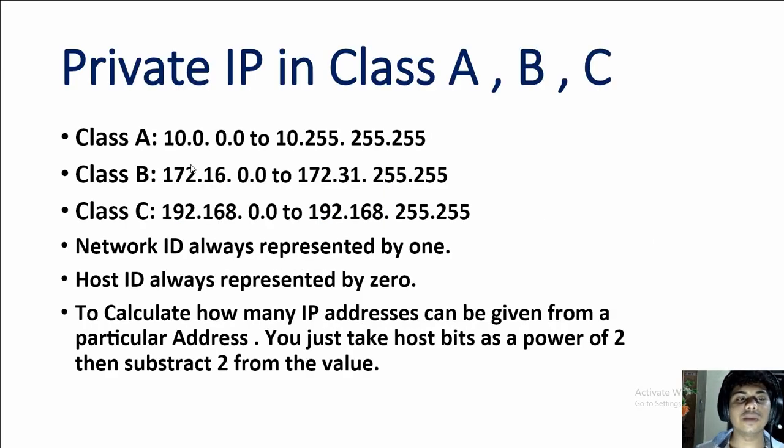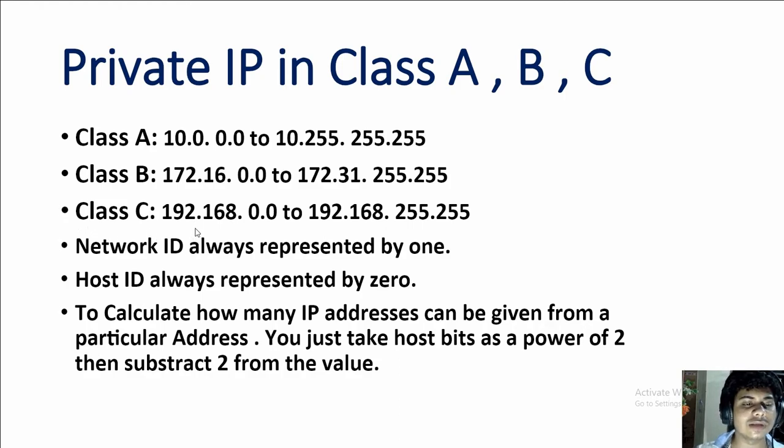Just remember that class A has private IP from 10.0.0.0 to 10 dot the maximum value. Class B has 172.16 to 172.31, and the host part is maximum.